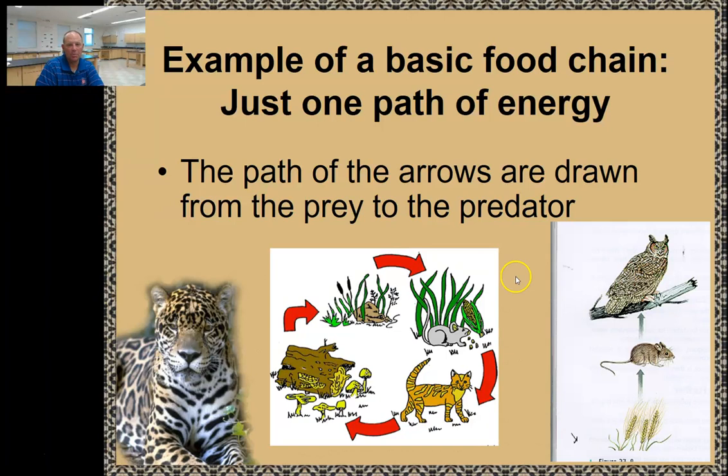Okay, so here's a basic food chain. The basic food chain, remember, shows just one path of energy. We have the wheat to the mouse to the owl.